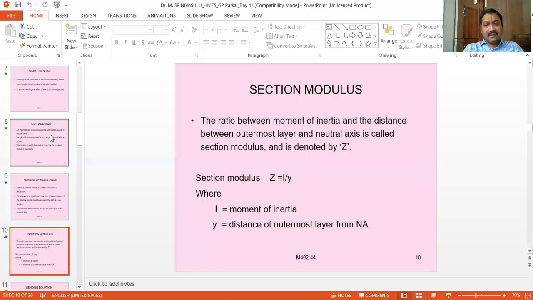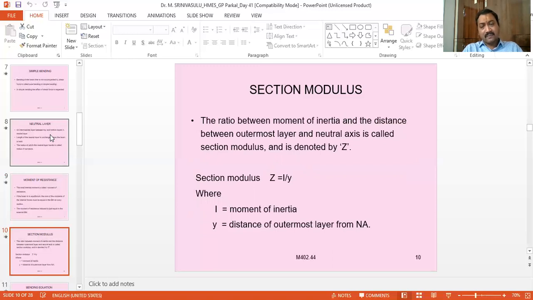Generally it is the ratio between the moment of inertia and the distance between the outermost layer and the neutral axis that is called the section modulus of the beam.